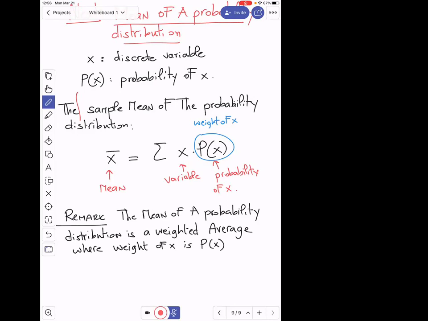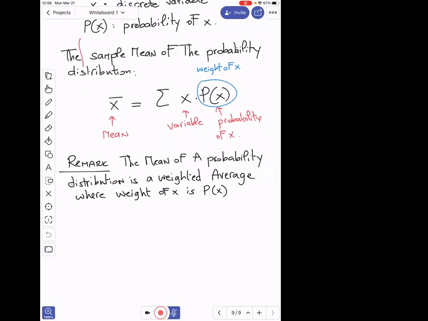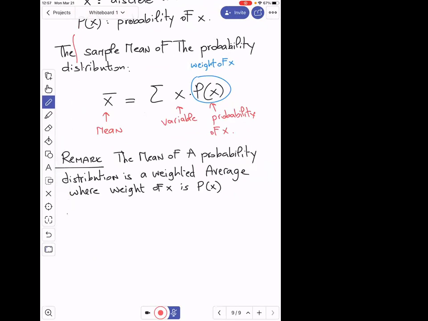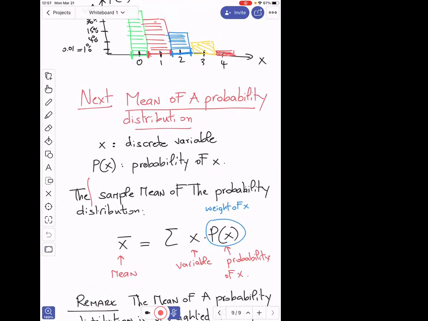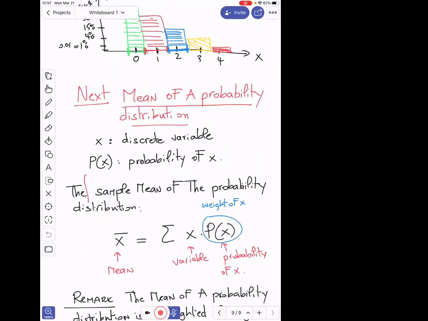Yeah, so for example, let's do the example here. I'm going to just use the previous example with the number of fish X. So we have this table.